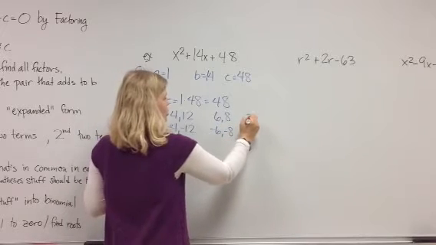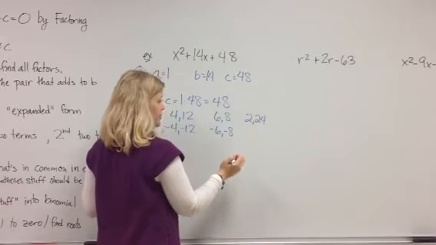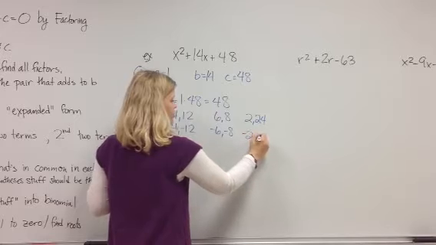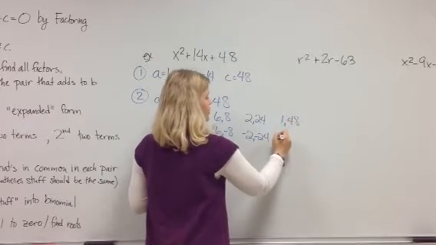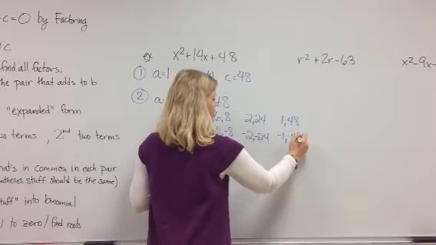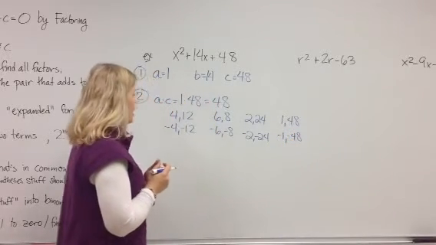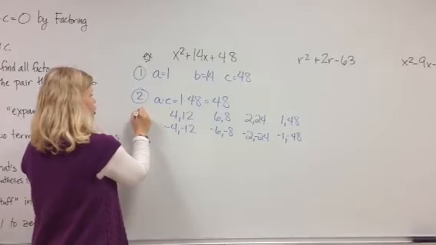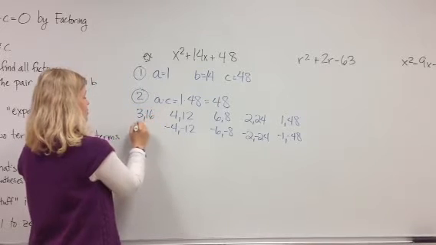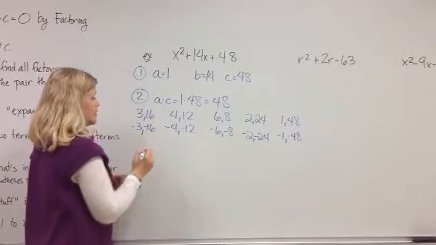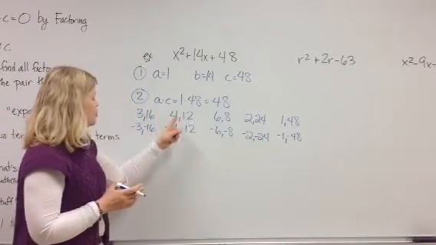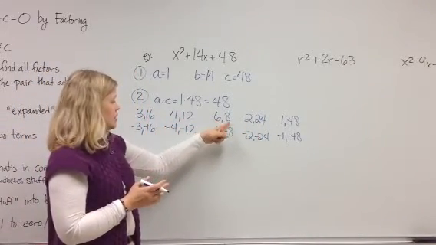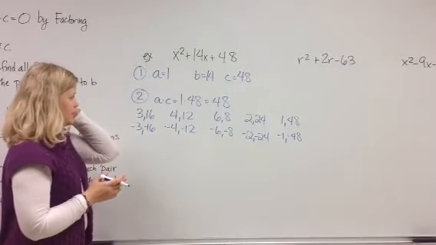We've got 2 and 24, and -2 and -24. We've got 1 and 48, and -1 and -48. We've got 3 and 16, or -3 and -16. So now I think we've gotten all of them. Let's see, 1, 2, 3, 4, 6, and then we jump to 8. Yep, we got all the factor pairs.